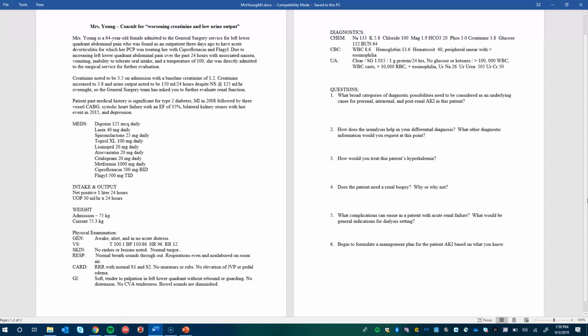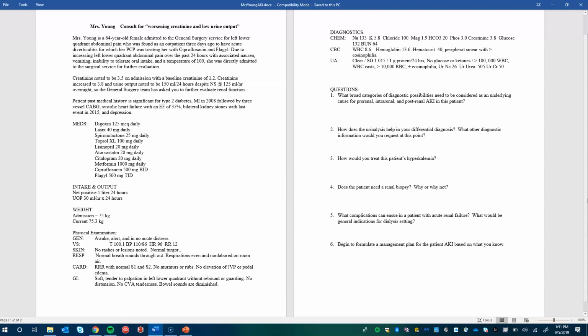What else in her UA is a little concerning though? The white count, yep. And so you see a really high white count like that, what should you think about? UTI, yep, so is she having any symptoms? She's been on Cipro, so maybe not. Yep, she does have low grade temp.